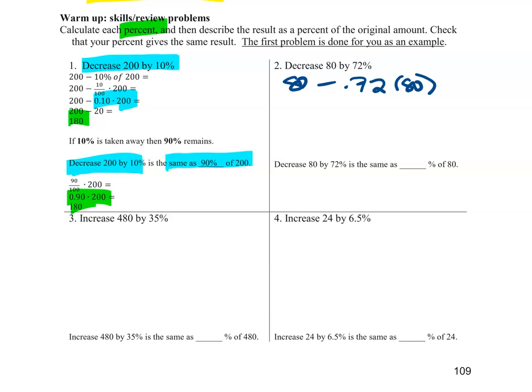And what is 0.72 of 80? That is 57.6. And 80 minus 57.6 is equal to 22.4.